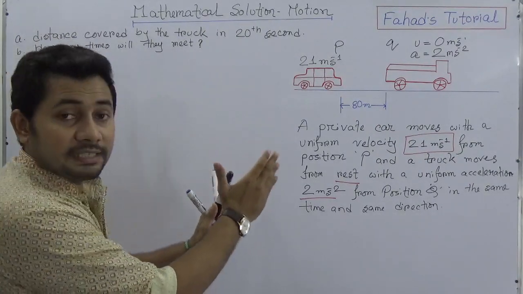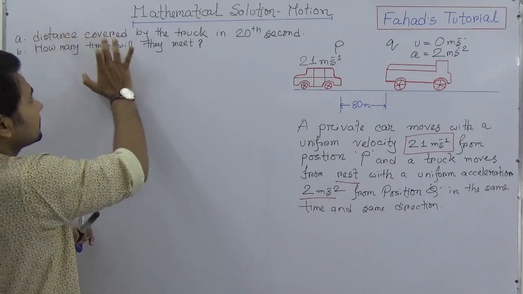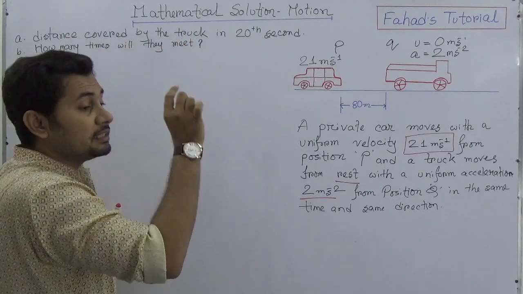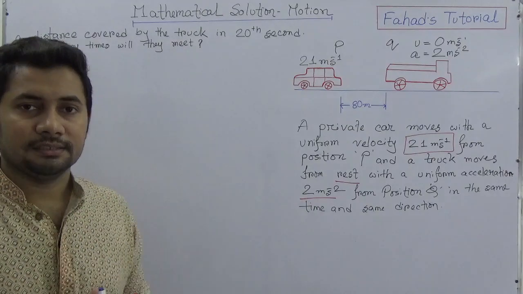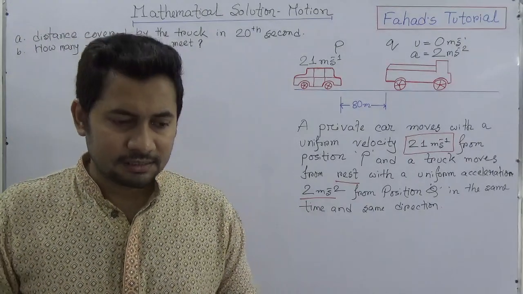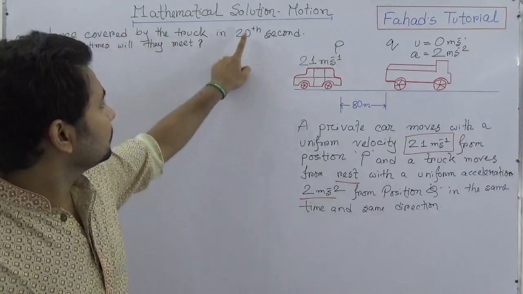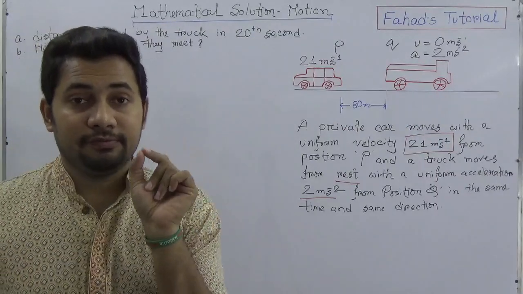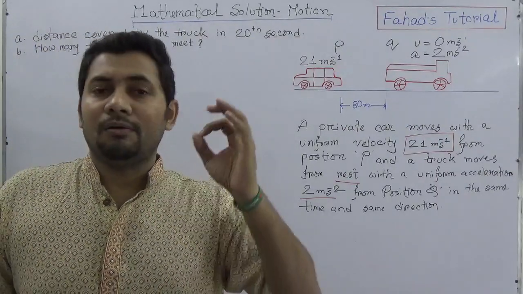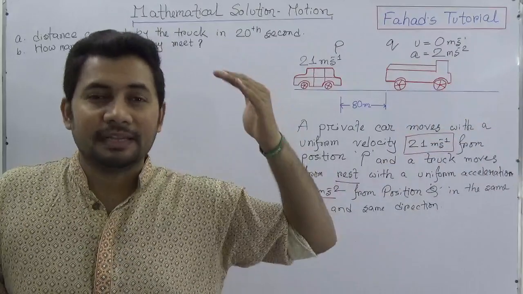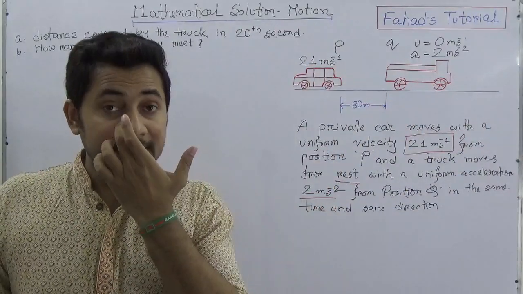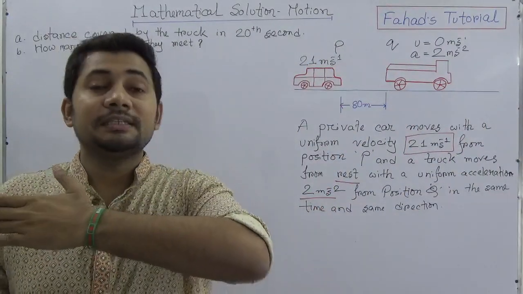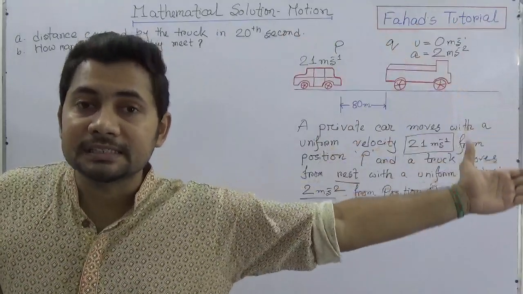So the question is the distance covered by the truck in the 20th second. Some of you may ask what is the meaning of this 20th. If it says the 5th, or the 11th, or even the 20th second, it doesn't mean the distance covered in 20 seconds.